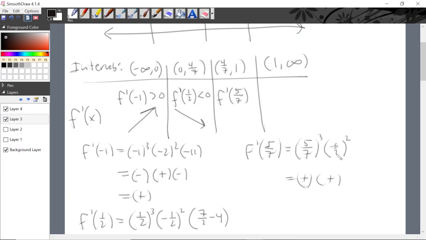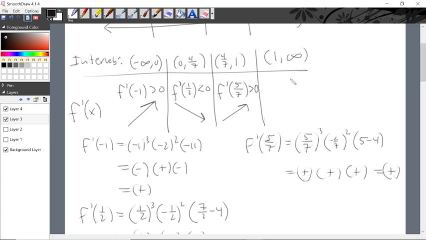This one's going to be -2/7 squared. And then we have 7x minus 4. Well, 7 times 5/7 is 5, so we have 5 minus 4, and that's just 1, so that's positive. So overall, f prime of 5/7 is going to be a positive number, so the function is increasing on the interval 4/7 to 1. And then from 1 to infinity, let's test 2.